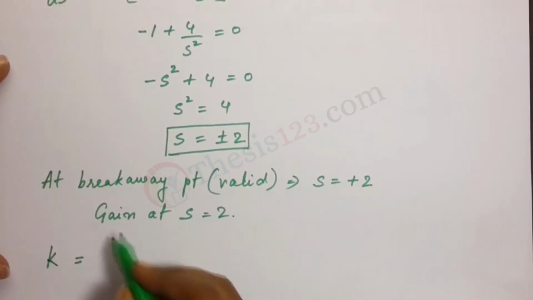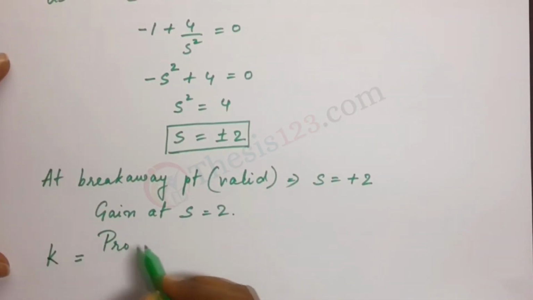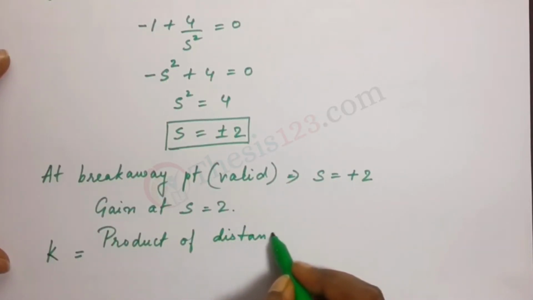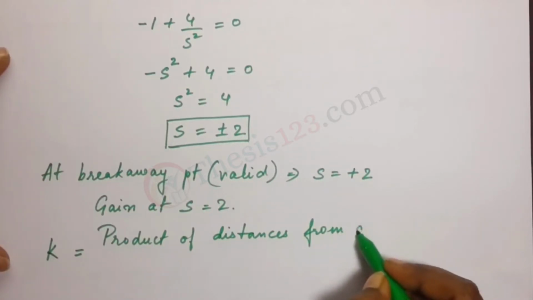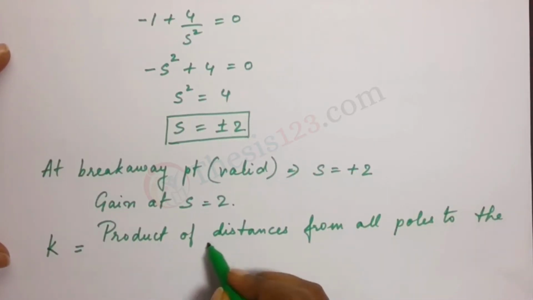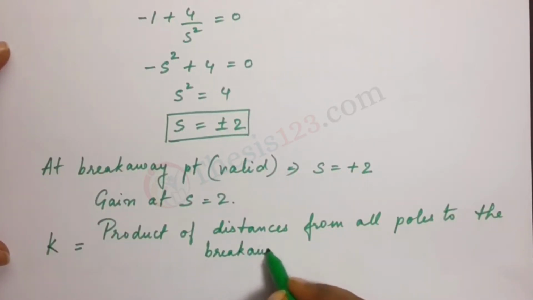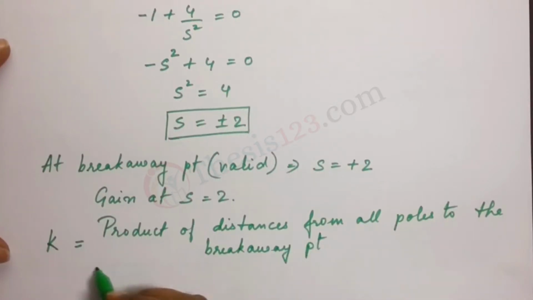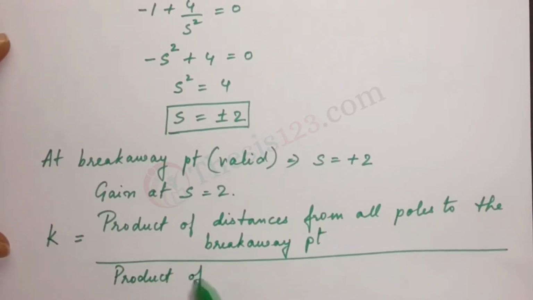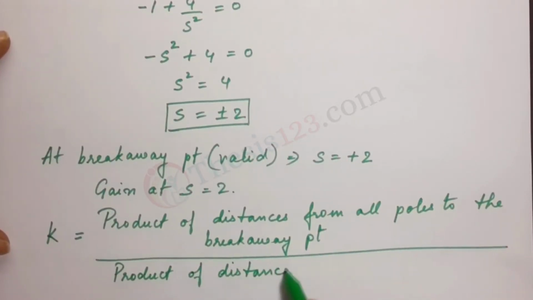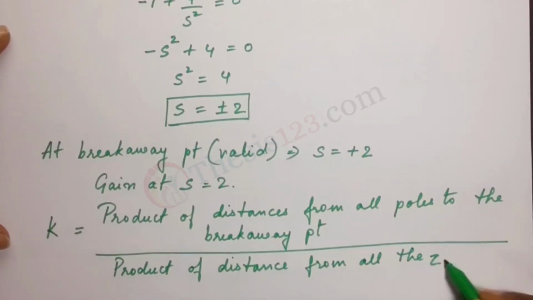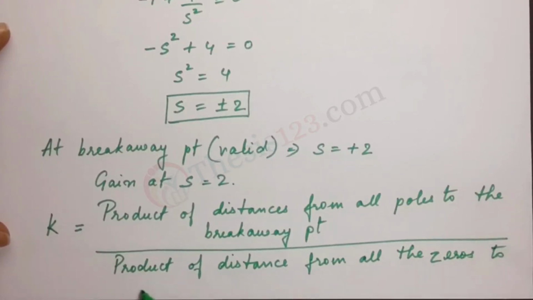K can be found by calculating the ratio of the product of distances from all poles to the breakaway point, to the product of distances from all the zeros to the breakaway point.